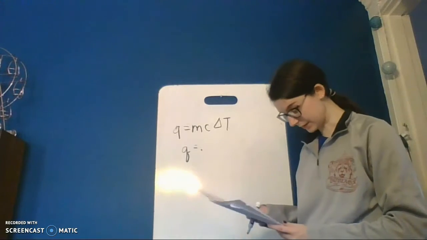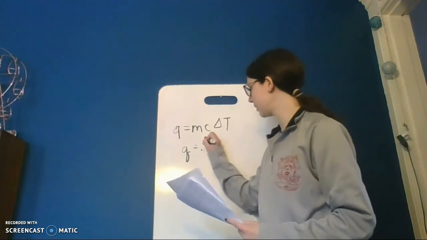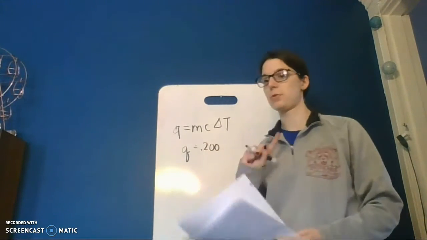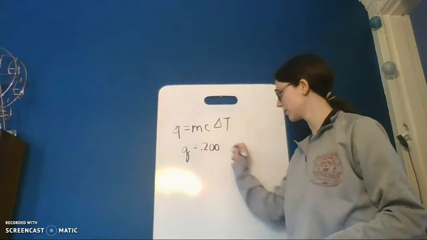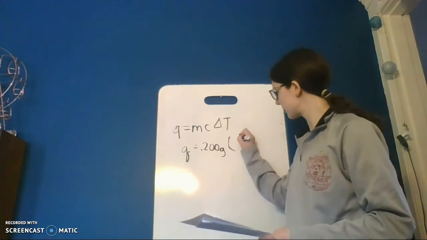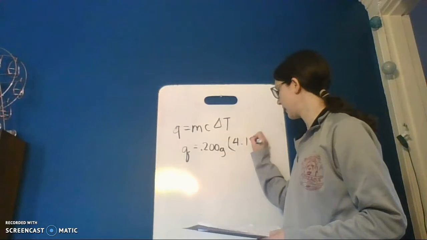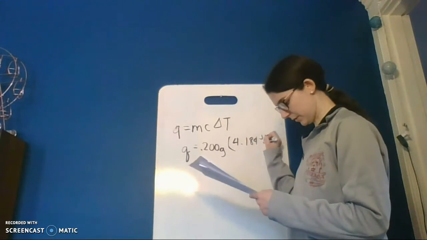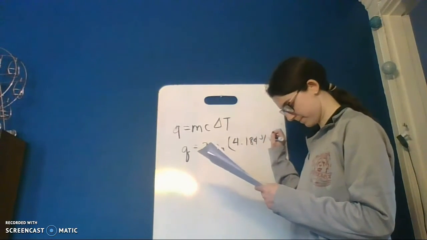So our grams of the solution is going to be 200 grams from the 100 milliliters that we added together. And then the specific heat is going to be equal to that of water, 4.184 joules per gram Celsius.